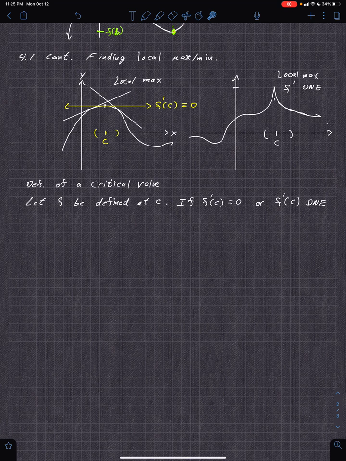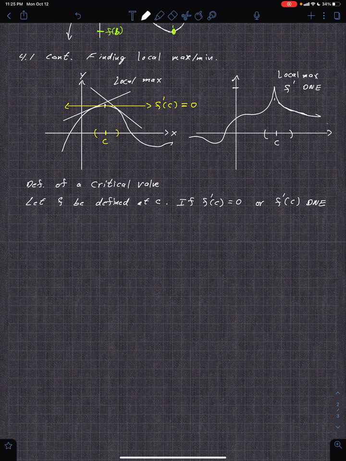But the function is not differentiable here. Remember, continuity does not imply differentiability. We would say the function f is not differentiable at c, but the function is differentiable everywhere else on this graph. So differentiability implies continuity, but not vice versa. Remember that theorem? Important theorem. But that is a critical value, and it may be a local max or min.